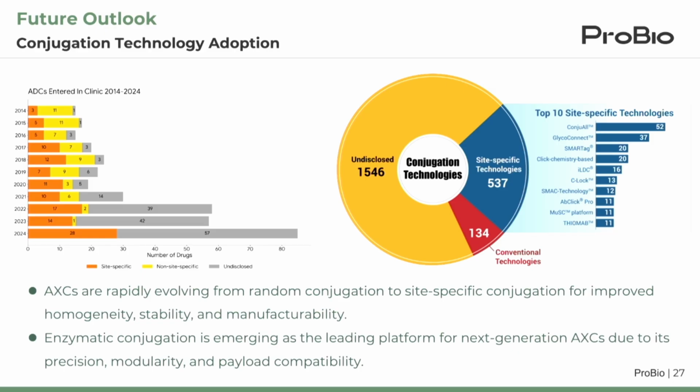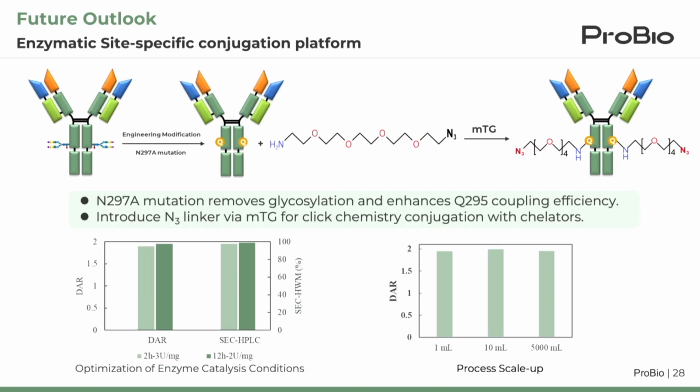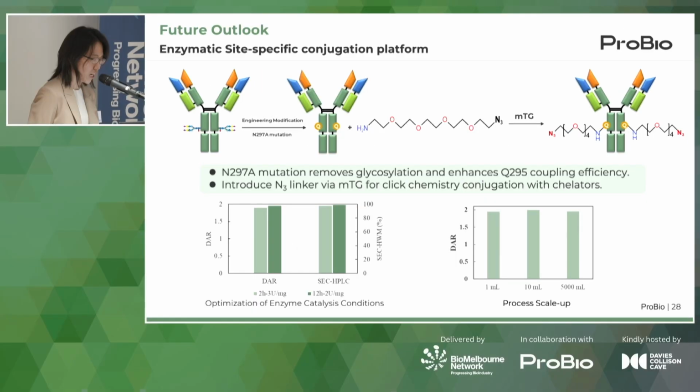And if we do a deep dive into the site-specific technologies being utilized, we can see that the majority of them use enzymatic-based conjugation or glycan-based site-specific conjugation. So starting last year, we also established our R&D platforms to support this emerging enzymatic site-specific conjugation.